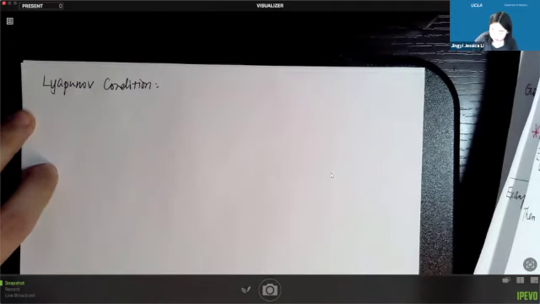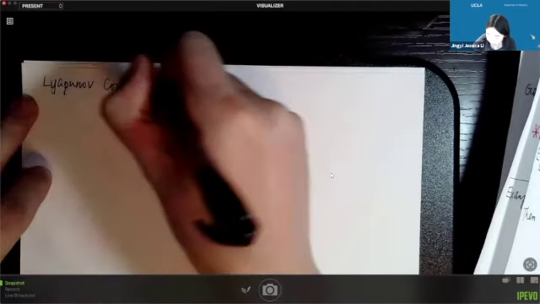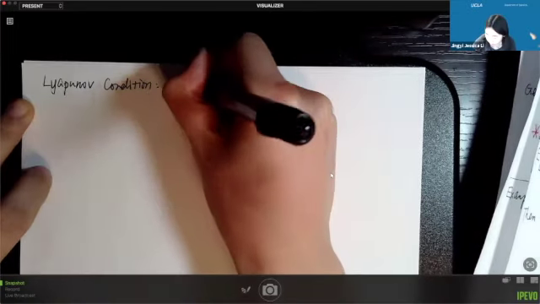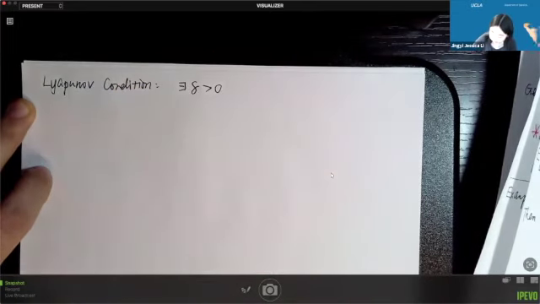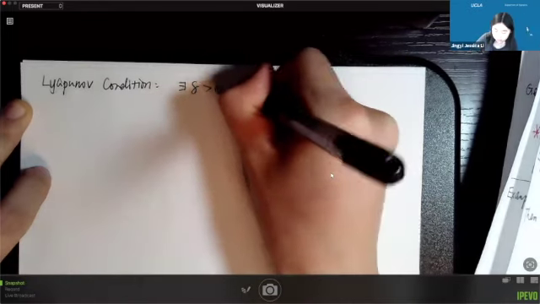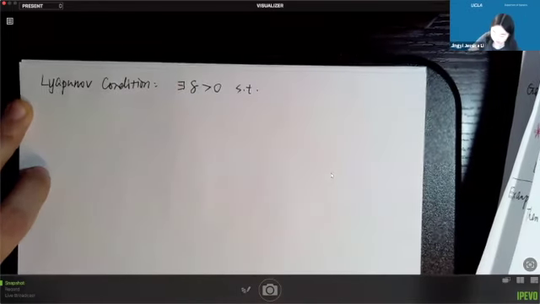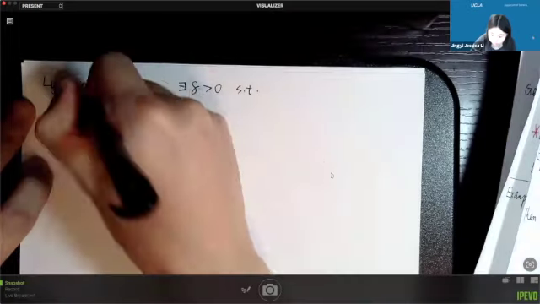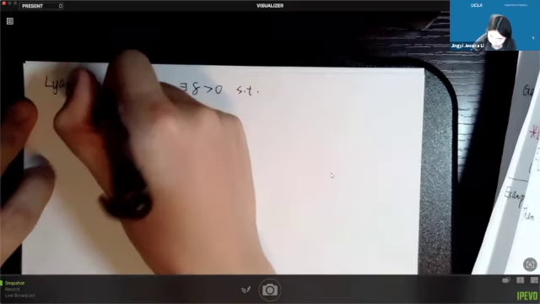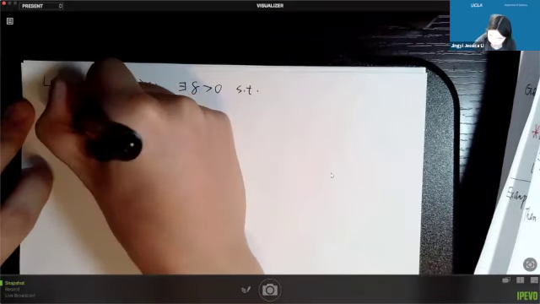So this basically says that if you can find a positive delta, so this is an existence statement: there exists such a delta that we have this. Basically, it's still a ratio.